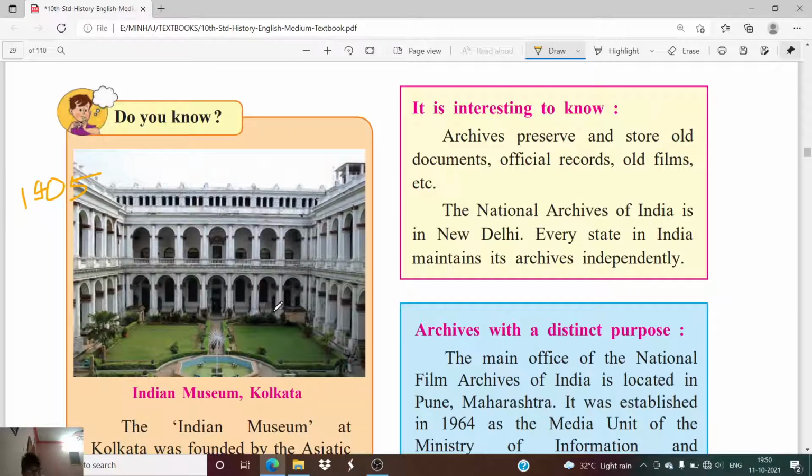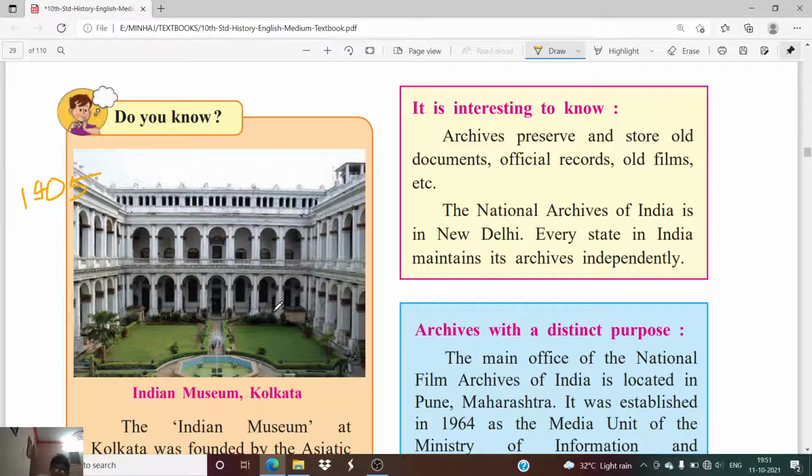Applied history is very important for the study of past events, and it is also a source of employment to a great extent. We need people to conserve the sites, to study the sites, and to explain all these details to common people. So a very large employment is provided by this field called applied history.